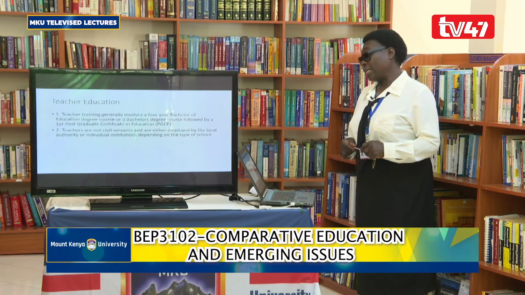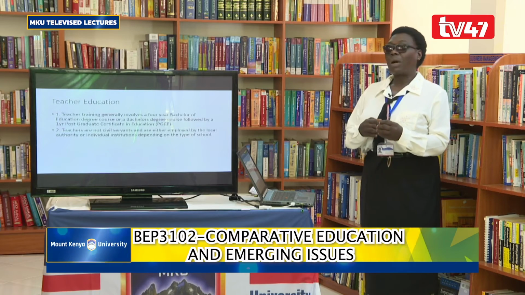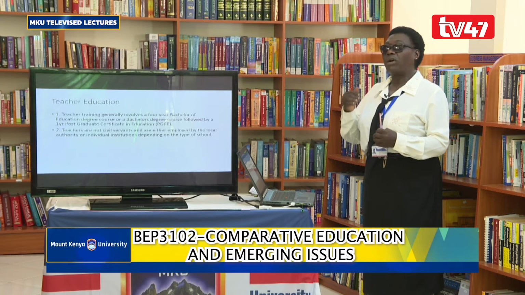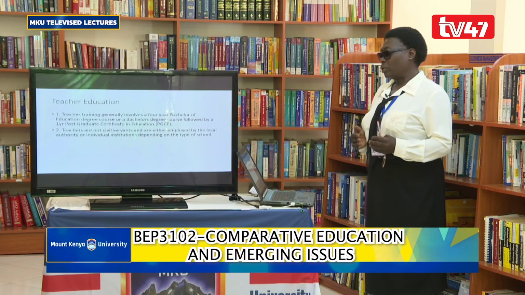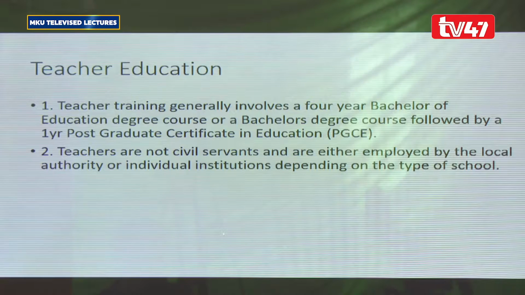This one is done after you either do a Bachelor of Education degree course for 4 years, that is very comprehensive. If you don't do that, you may have done a Bachelor of Arts degree course or a Bachelor of Science degree course. What happens is, if you wish to enter the teaching profession, you undertake a 1-year postgraduate diploma in education in all the universities.